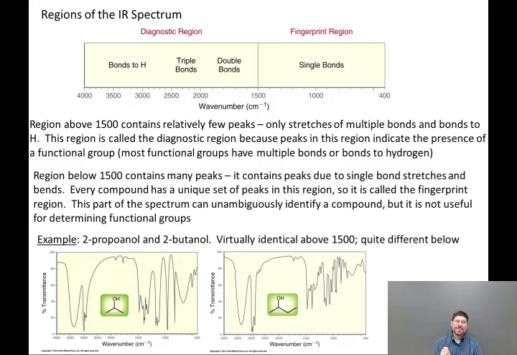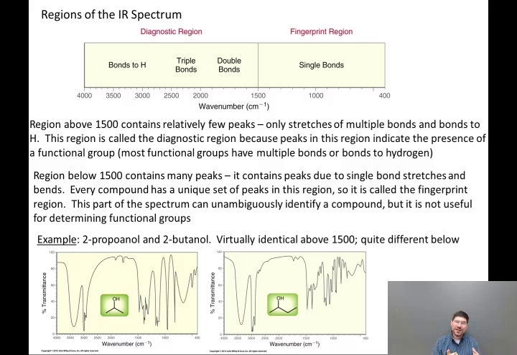Okay, so depicted on the bottom here are the spectra of 2-propanol and 2-butanol. The only difference between these molecules structurally is the presence of an extra CH2. If you look at the two spectra, they are virtually identical to the left of 1,500, but they look quite different below 1,500.